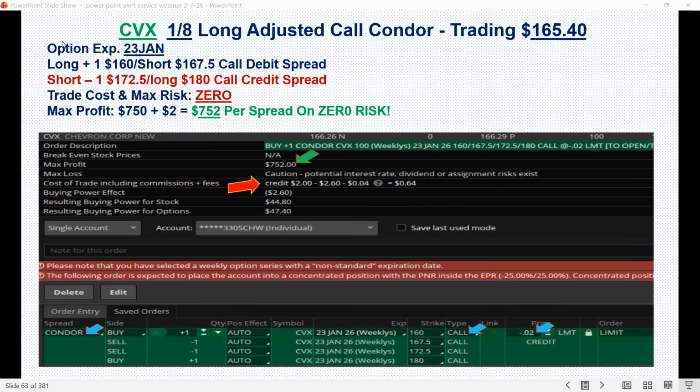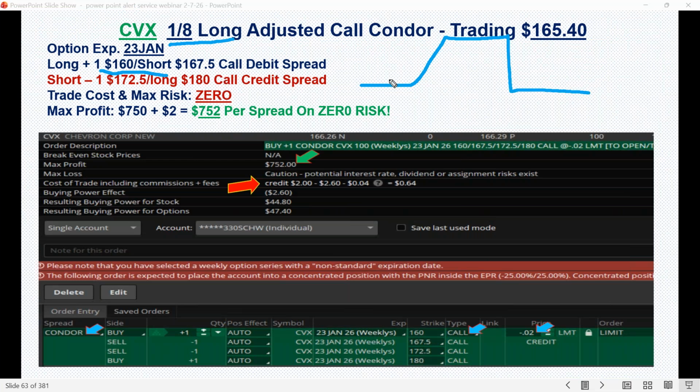So what we were able to do is roll everything into that option series, the 23 Jan, and adjust this into a long call condor. So now we ended up adjusting into long the 160 call debit spread, short against it the 167, and then sold against that the 172.5, 180.